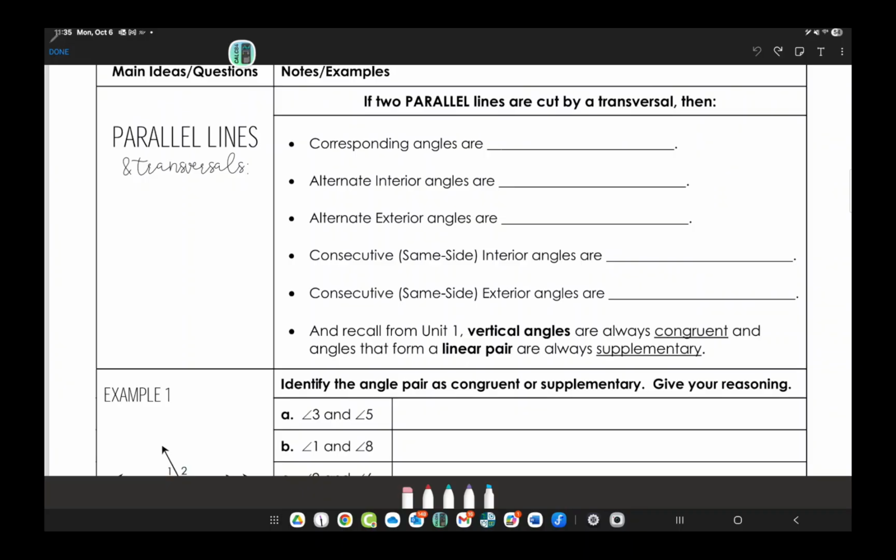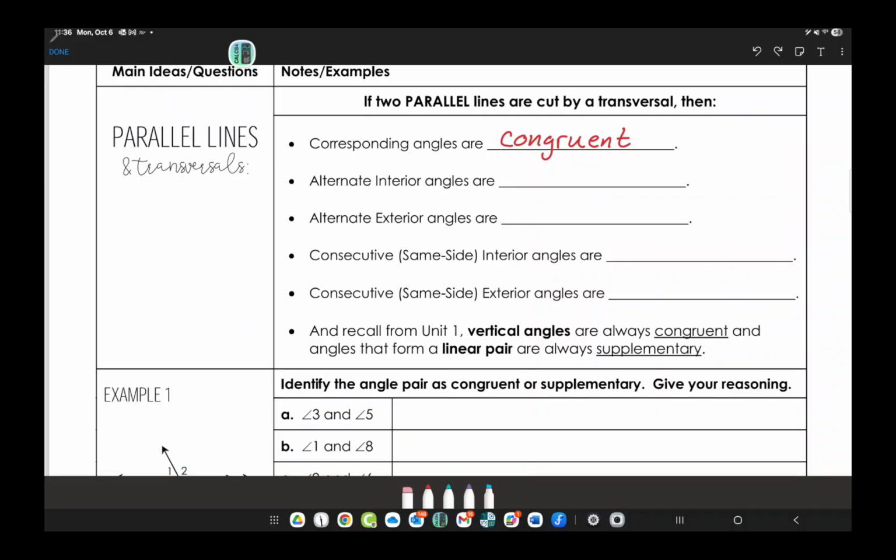So we talked about last week lines intersected by transversals and the relationships of the angles. If the lines intersected by the transversal are parallel, then the corresponding angles are congruent.